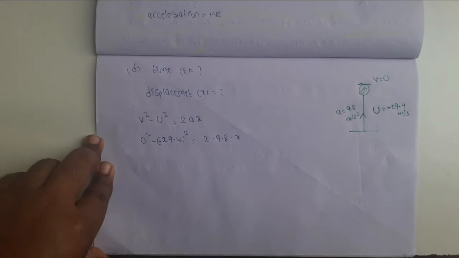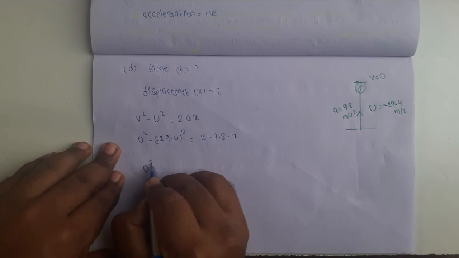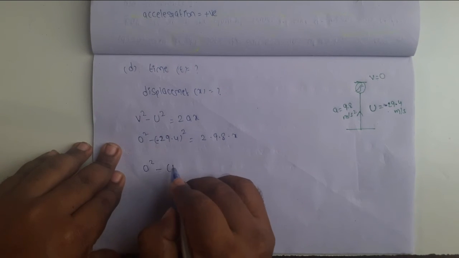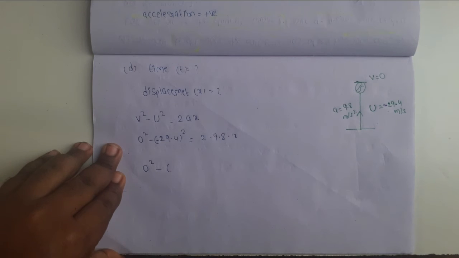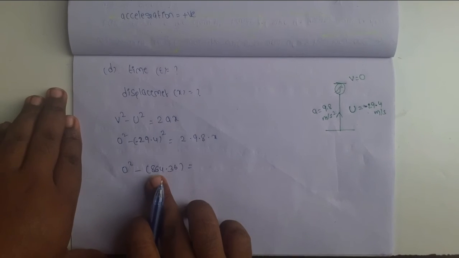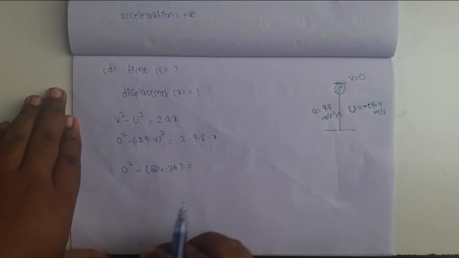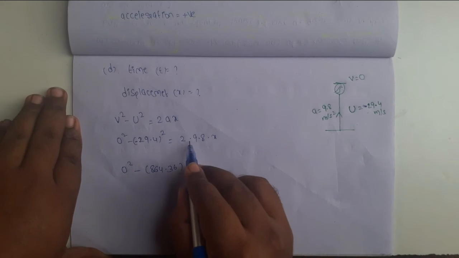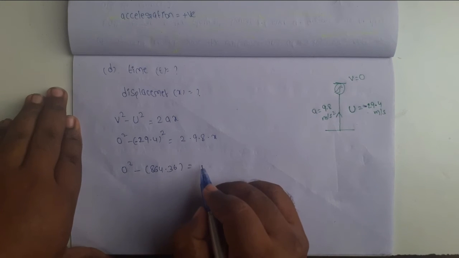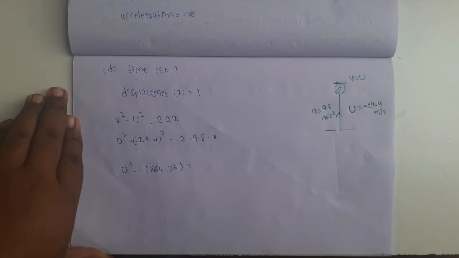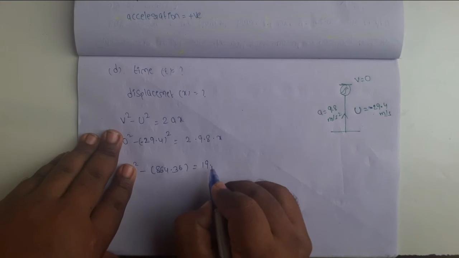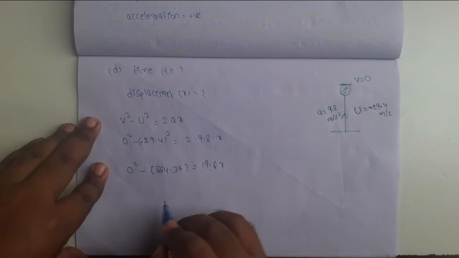So minus 29.4 whole squared means minus 864.36, and 2 into 9.8 means 19.6 into x.